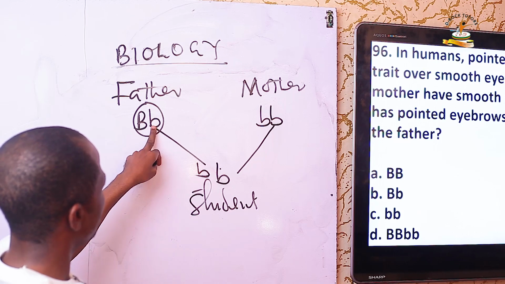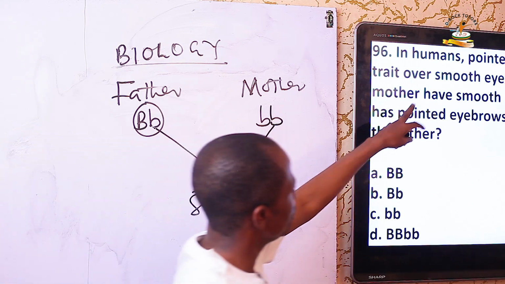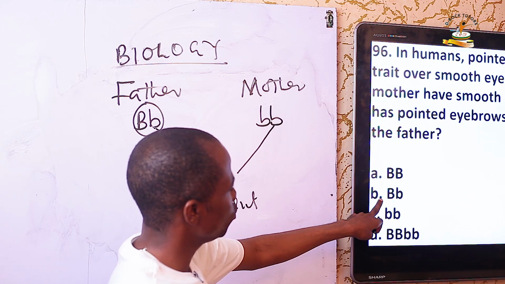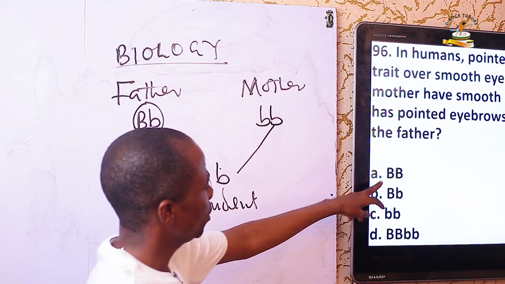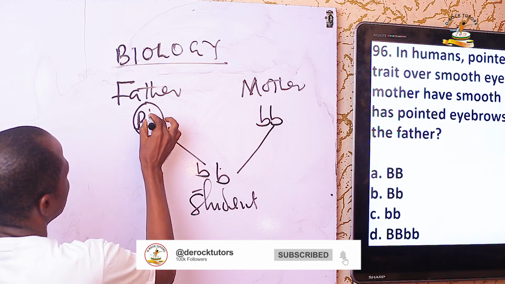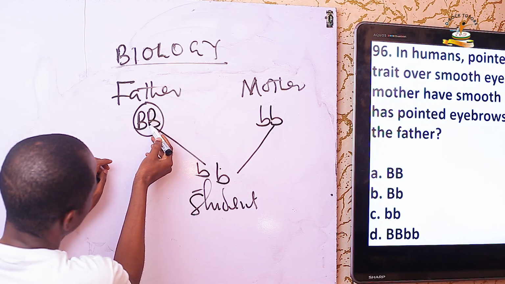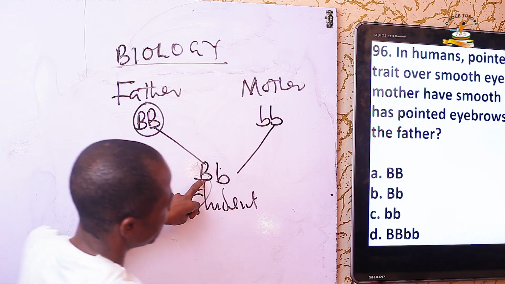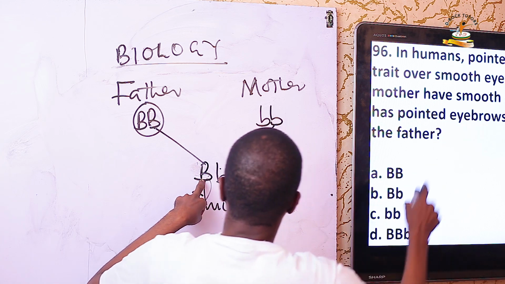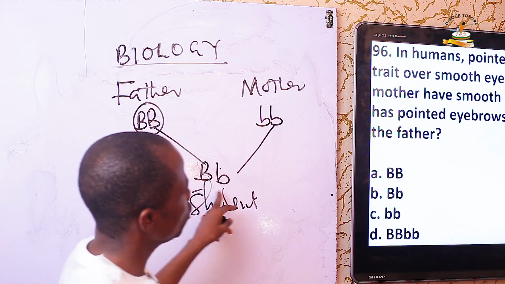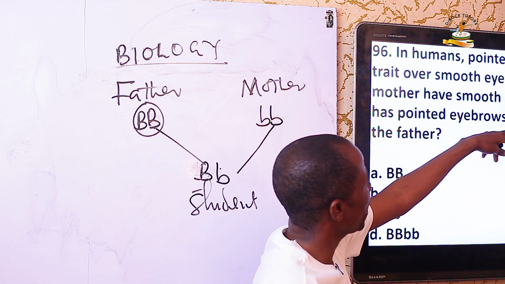The student can gain the b here, that is for the smooth eyebrow, from the father, and that translates to option B. Because if you look at this, if this is BB, it means that this will become Bb. Don't forget that this capital letter B, that is for pointed eyebrow, is dominant over small letter b. So this particular student would not have had smooth eyebrow.